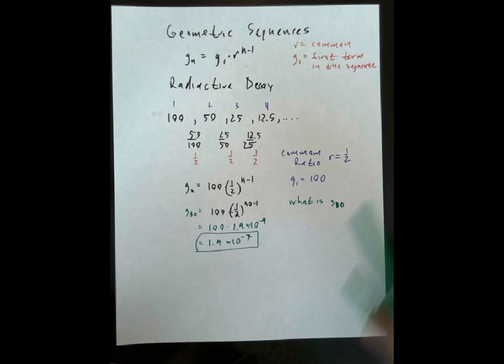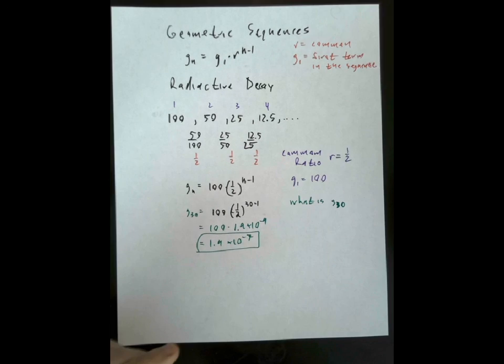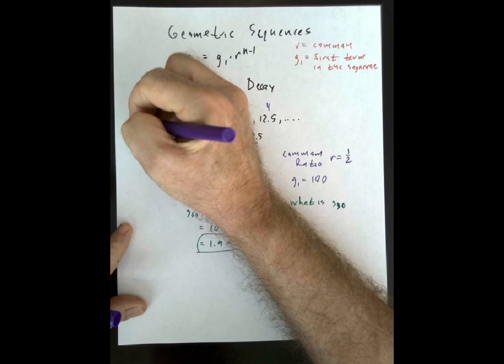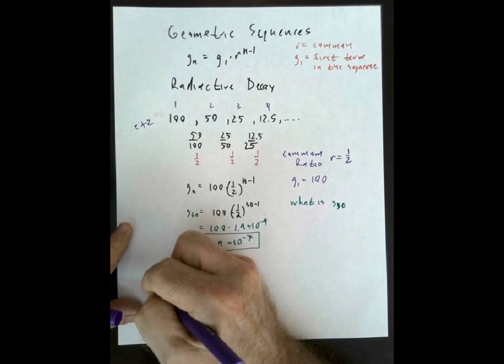Now, what about this sequence here? How about this one? Okay, so this was like example 2, wasn't it? What about example 3?